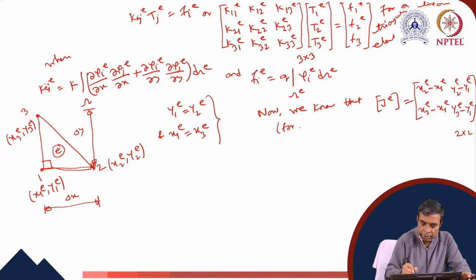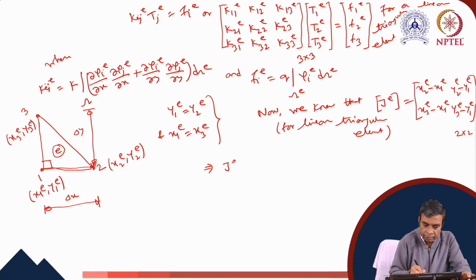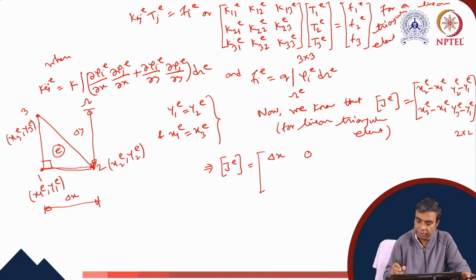So this is for linear triangular element. So from here we get Je equals x2e minus x1e, this gives us delta x, y2e minus y1e, this gives us 0, x3e minus x1e, this gives us 0, and y3e minus y1e, this gives us delta y.